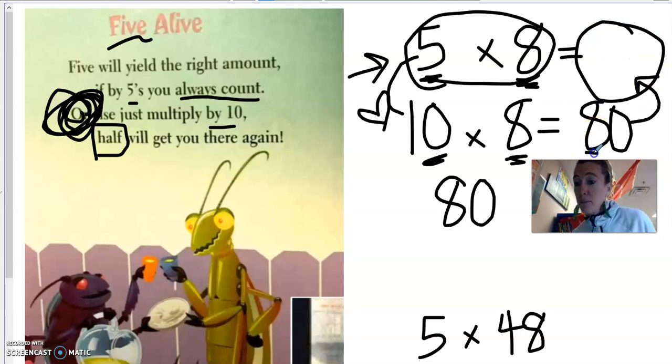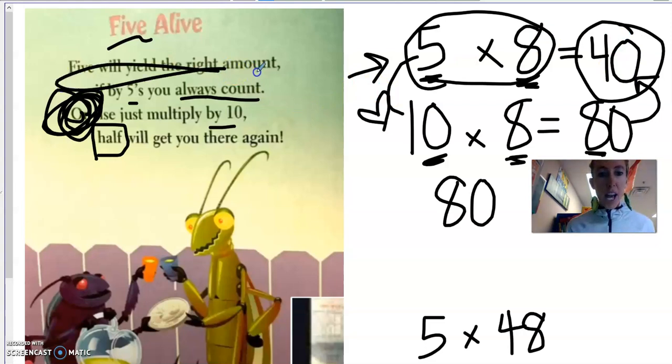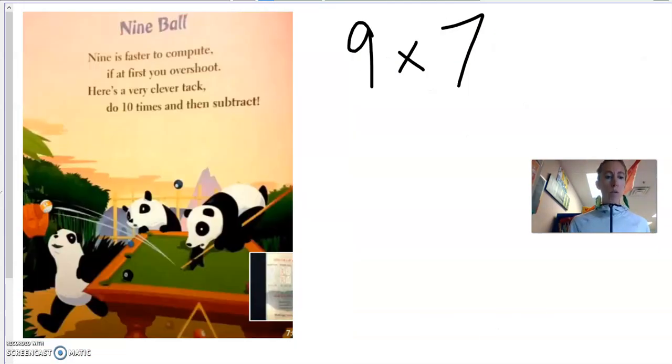So, well, when I look at this, half of 80 is not 40. Cha-ching! So you can count by 5s, or you can use the strategy of multiplying by 10 and getting half of it.